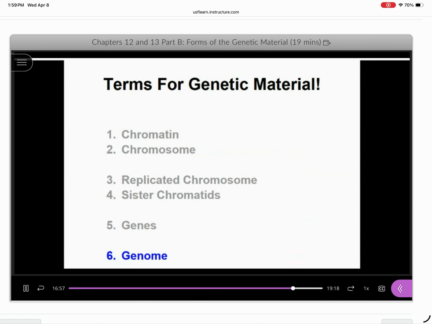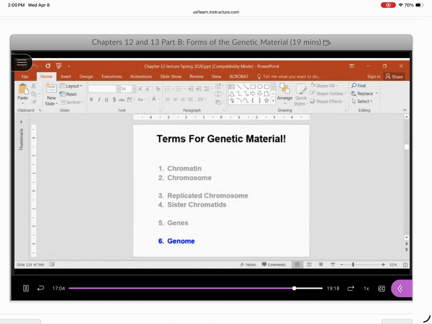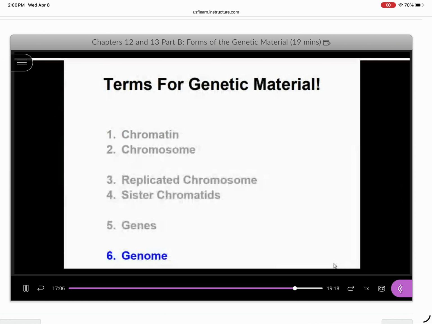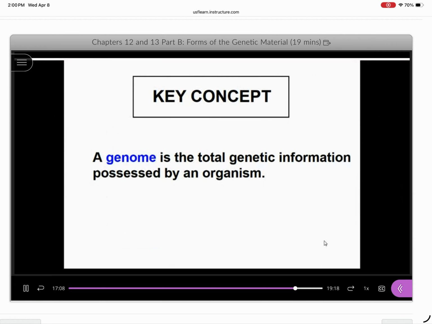One more. Genome. A genome is the total genetic information possessed by an organism. All the genetic information.